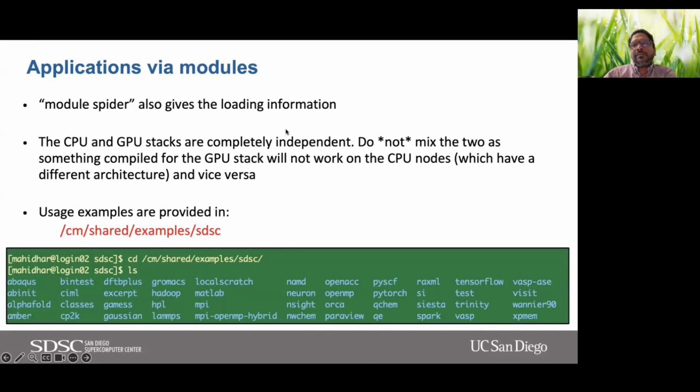So for example, if I load an FFT module, the binary path will have that FFT location first, so that it picks up whatever is in that first and then goes on. A similar thing with the library path.